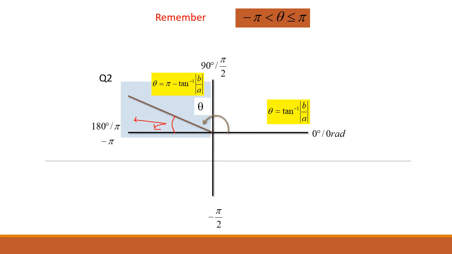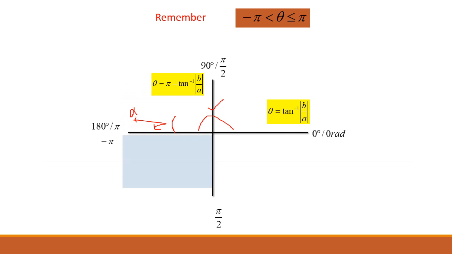And this value is negative for the real part, so that's why we have to put the modulus here, so everything will be positive. Why pi minus arctangent of b over a? Because we want to find the argument here, so the total angle is pi minus this angle alpha, which is equal to arctangent of b over a.